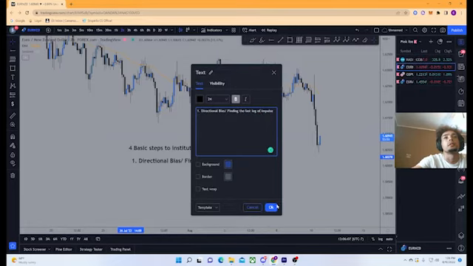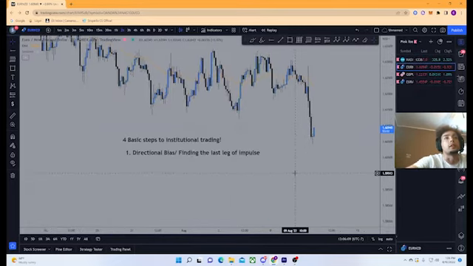So guys, finding that last leg of impulse is going to tell us which direction the market is looking to go into, has a chance to go into.